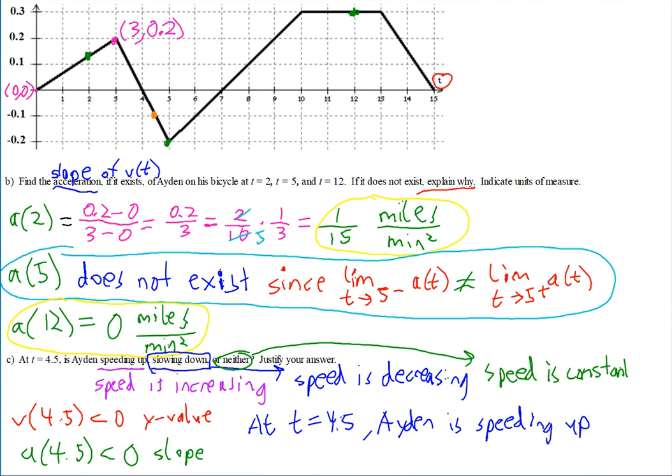And then your justification would be, because it says justify your answer, all you'd have to say is since v of 4.5 turned out to be less than 0, and a of 4.5 turned out to be also negative, less than 0. Or you could also word it, you could say since v of 4.5 and a of 4.5 are the same sign, that would work too.